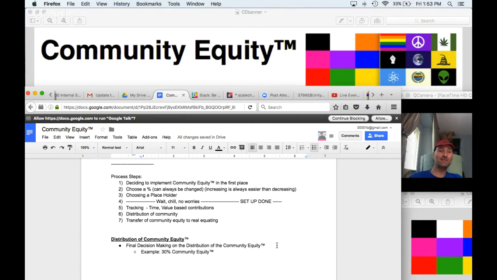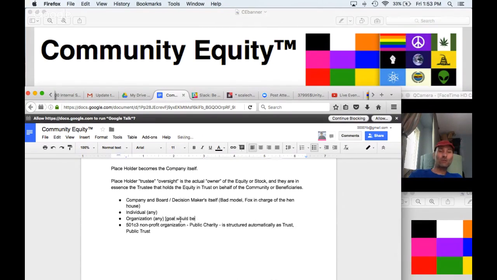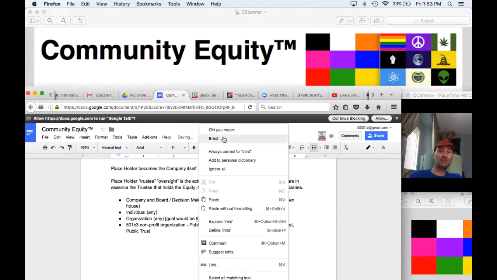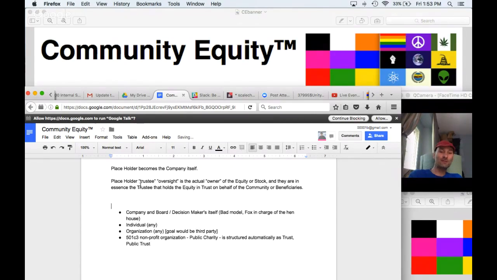Basically, the idea of an organization would be to have, the goal would be a third party, right? Because the idea of a third party is you're getting a neutral party involved so that there's not a conflict of interest. The whole idea of a placeholder, let me write this down, the whole idea of a placeholder is to reduce conflict of interest, right?